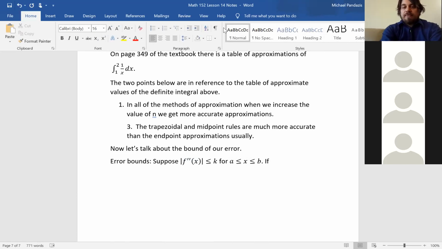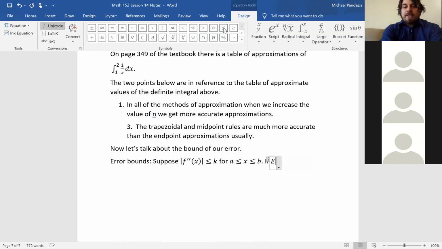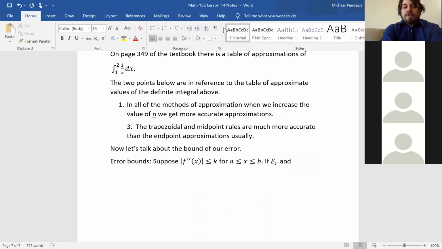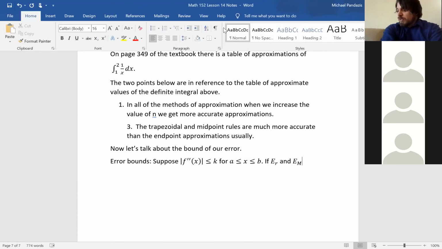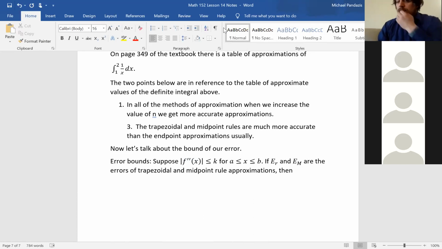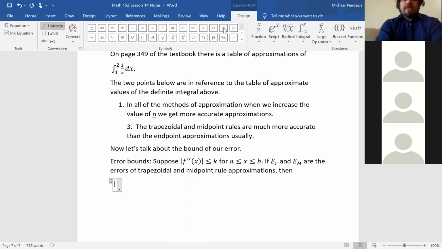If E sub T, the trapezoidal rule approximation error, and E sub M, the midpoint rule approximation error, are the errors of the trapezoidal and midpoint rule approximations, then we can say they have these two inequalities.